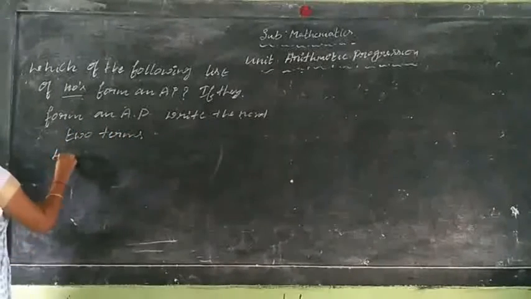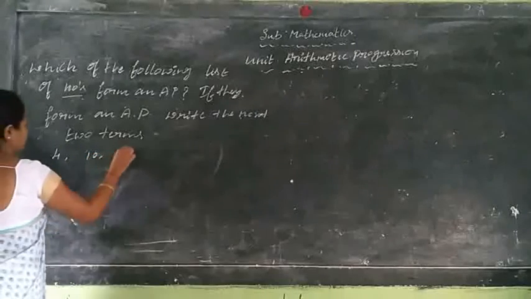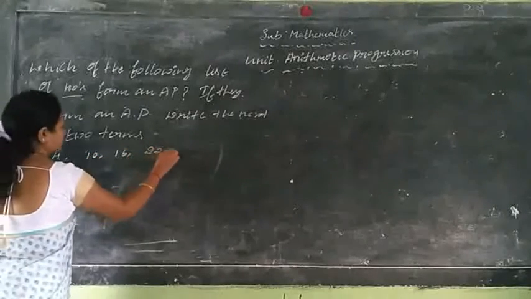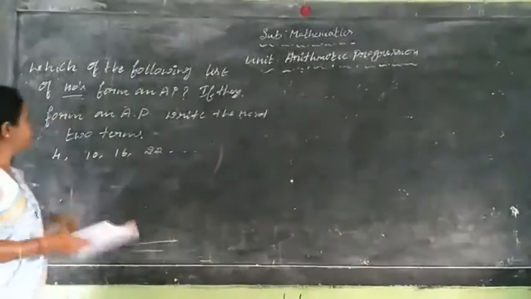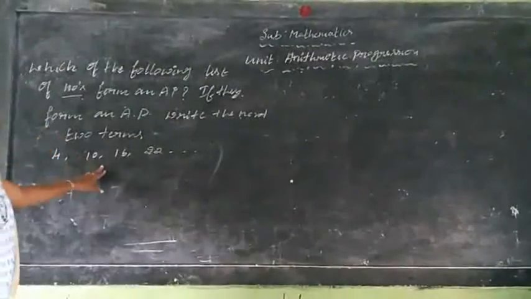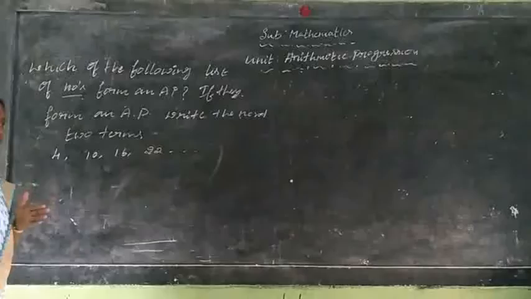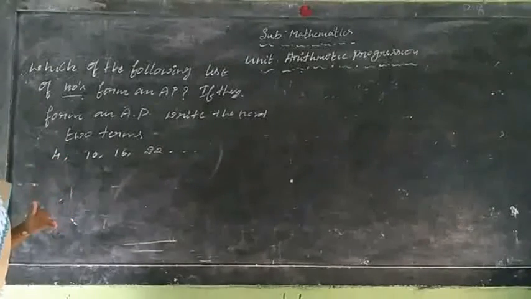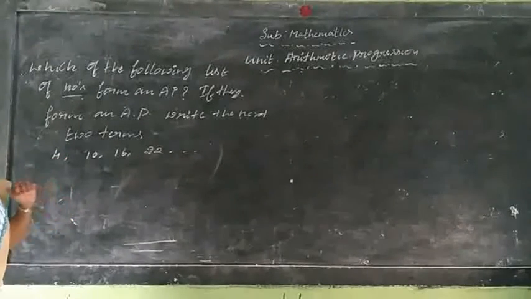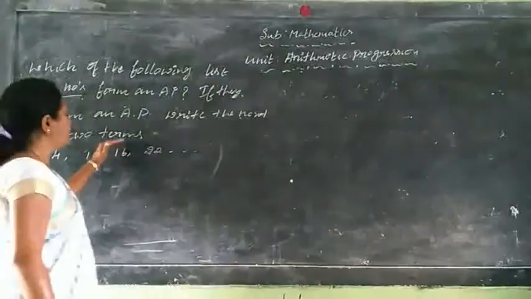The AP is 4, 10, 16, 22. See here, children. So here they are given one arithmetic progression, that is AP. First, we have to find out whether it is AP or not. After finding if it is AP, next we have to write the next 2 terms.